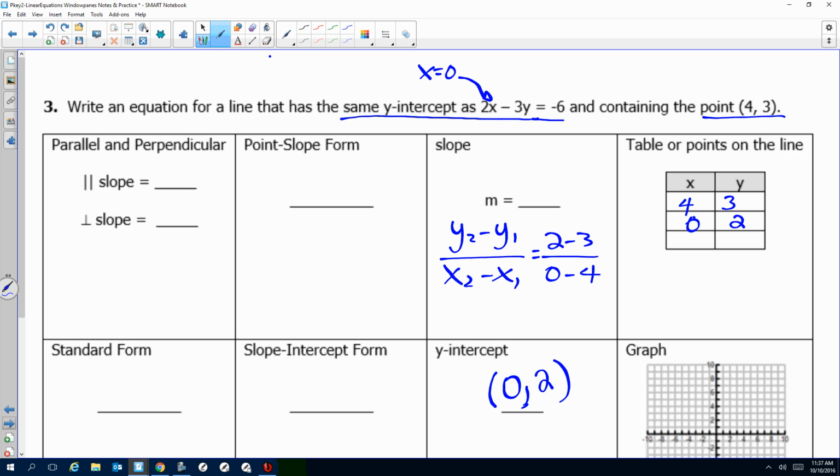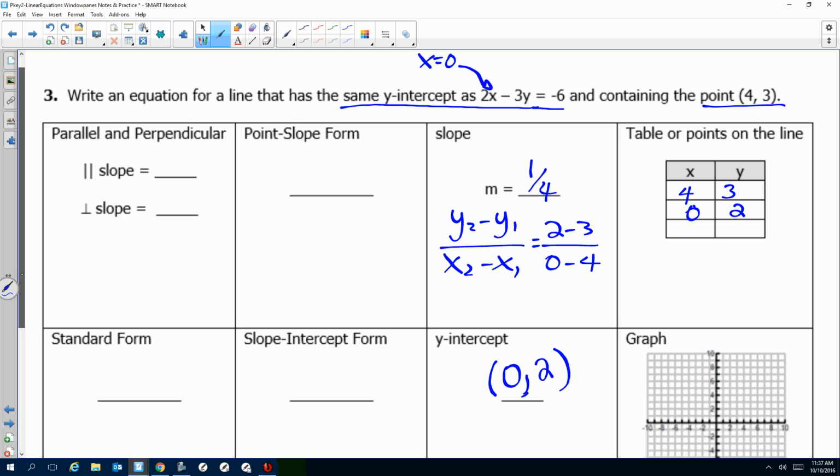What does our slope end up being? 1 over 4? Yes. Negative divided by negative is a positive. Negative 1 over negative 4. All right, so we have our slope.